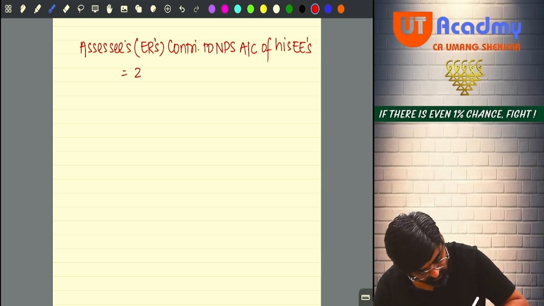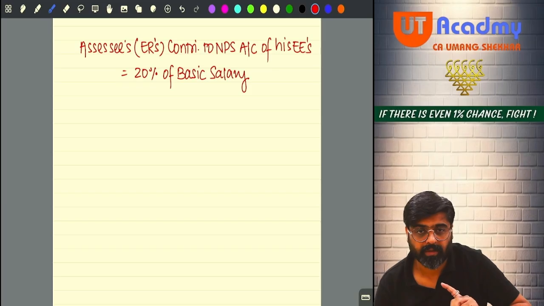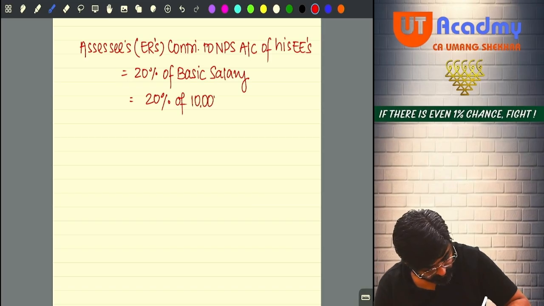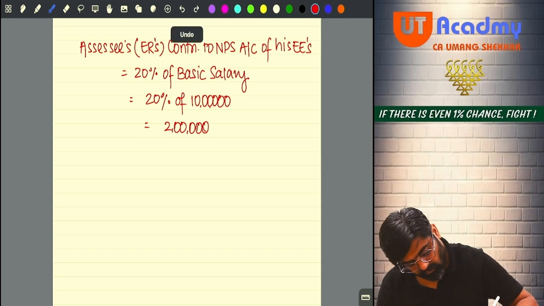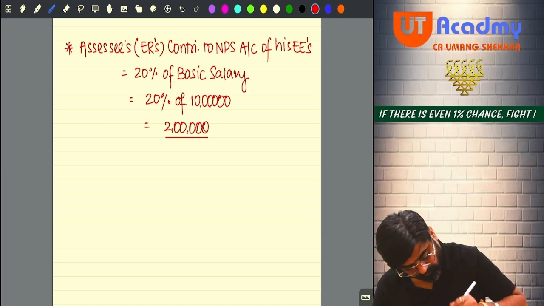How much is contributing? 20% of basic. This is actual contribution which the employer is making. Yes or no? So 20% of 10 lakhs, which is equal to 2 lakh rupees. So this is 1.